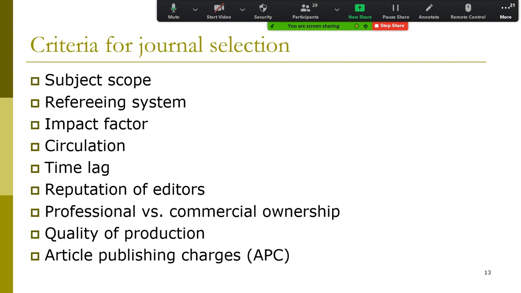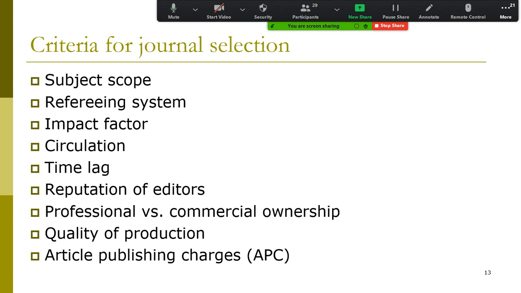You may see the reputation of editors, who are the editors of the journal. So some journals are of professional nature. Those are published by professional organizations or professional associations, and on the other side, some journals are commercial, which are published by commercial publishers. So you can also see that some publishers are well known, and the others are less known.